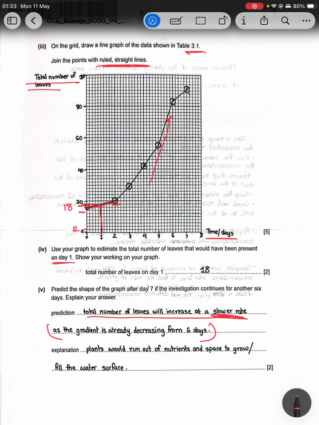But from 6 to 7 the increase is not as steep as it was. So we can predict that the rate of increase is going to slow down. The explanation is plants could run out of space, or they could run out of nutrients, and also the water surface could be filled up, so there wouldn't be any room for them to grow further.